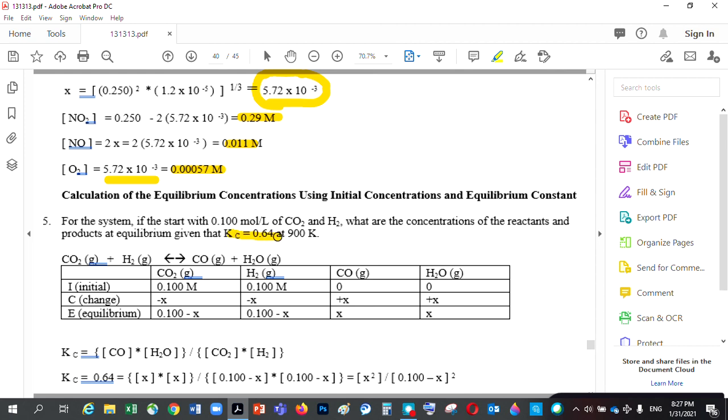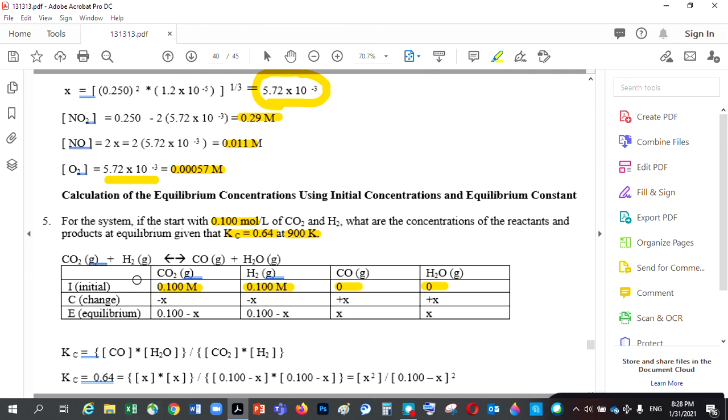The Kc is given to us at 900 K. The initial concentrations are given to us. This is 1 for CO2, correct? For hydrogen it is this, okay? And the initial carbon monoxide is not produced and the H2O is not produced.